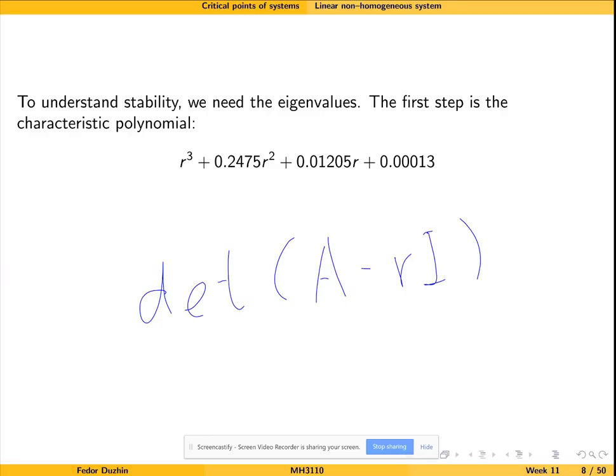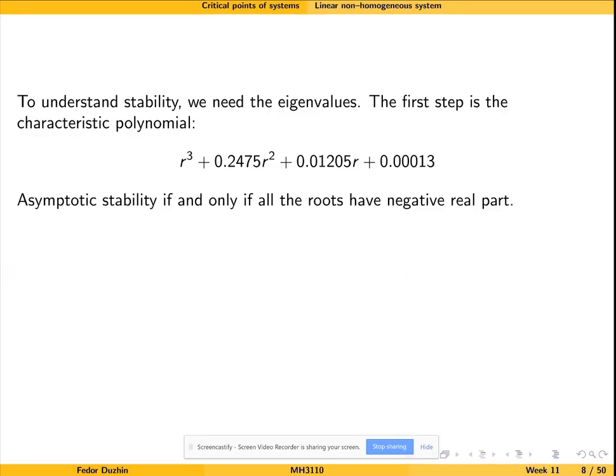Asymptotic stability, as we learned last week, happens if and only if all the eigenvalues have negative real part. So we have this polynomial, and the question is: is it true that all the roots have negative real part?